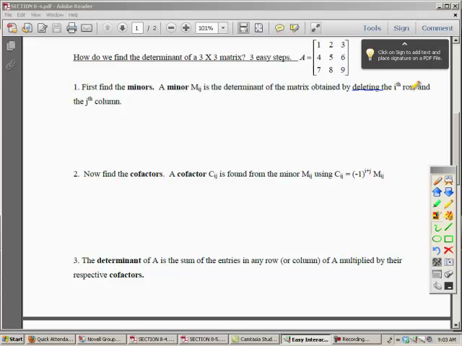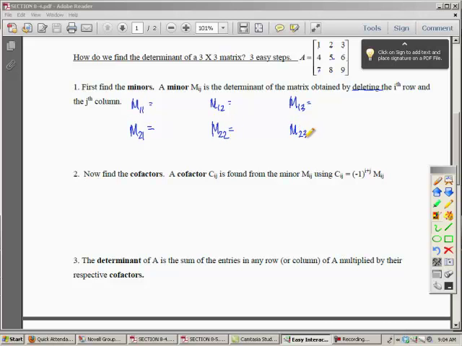And so here's how it works. Because there are 9 elements, I'm going to go through how to find all 9 minors. And I'm going to label them like we labeled each element. I'm going to find the minor for row 1, column 1. I'm going to find the minor for row 1, column 2, minor for row 1, column 3. And I'm just going to do this real quick and write these all down.